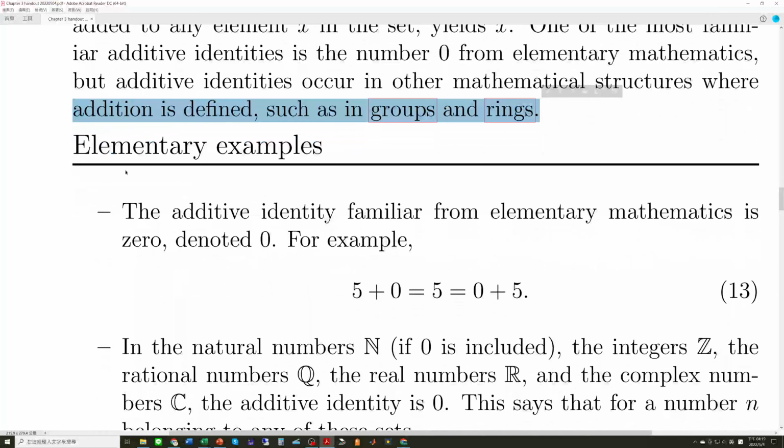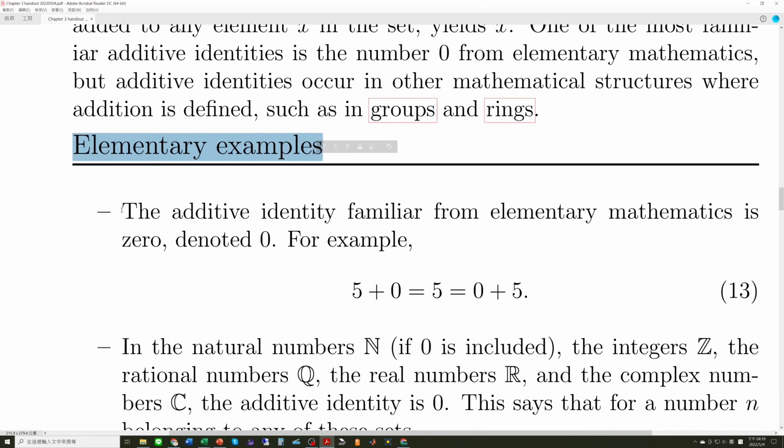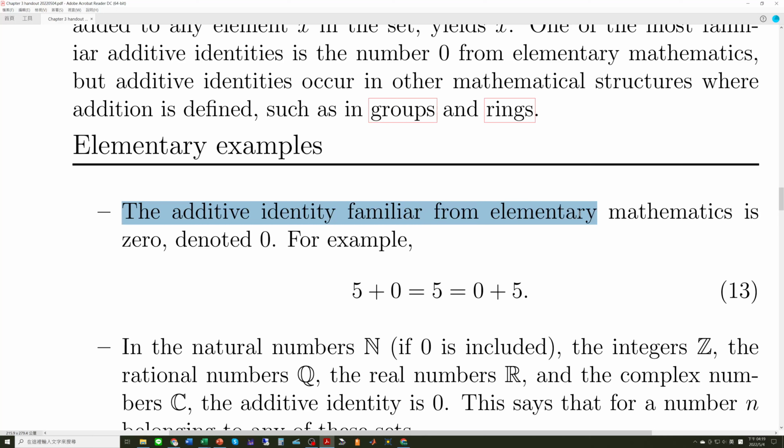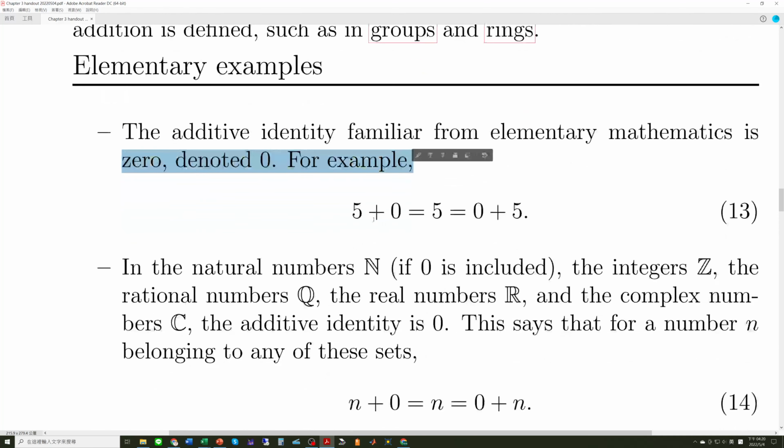Okay, let us see some elementary examples. The additive identity familiar from elementary mathematics is 0, denoted 0. For example, 5 plus 0 is equal to 5 and is equal to 0 plus 5.